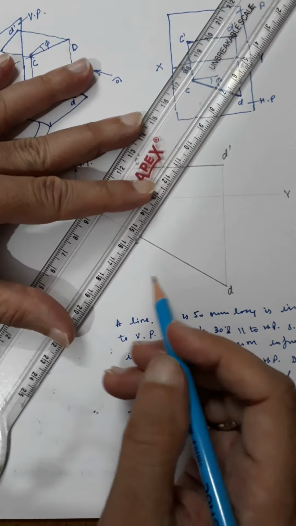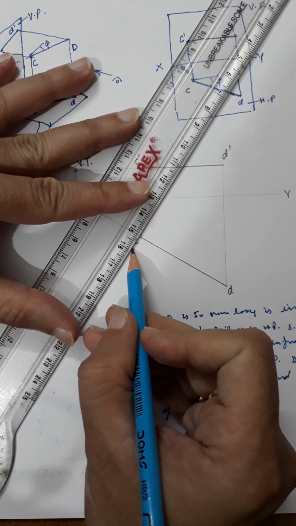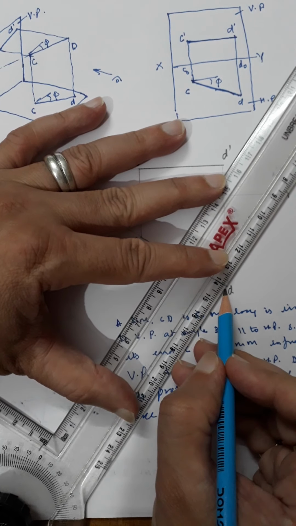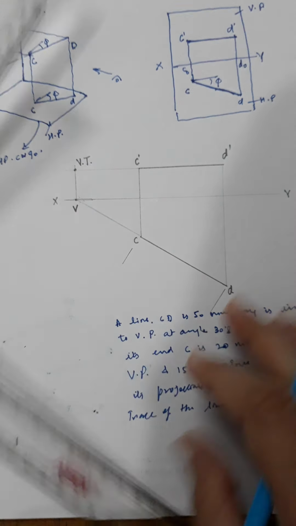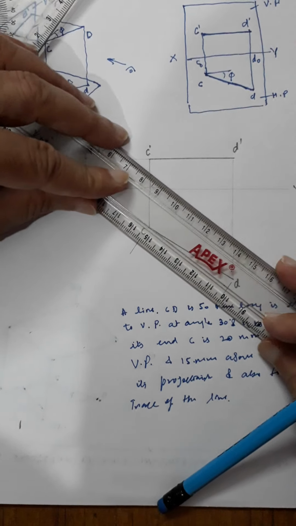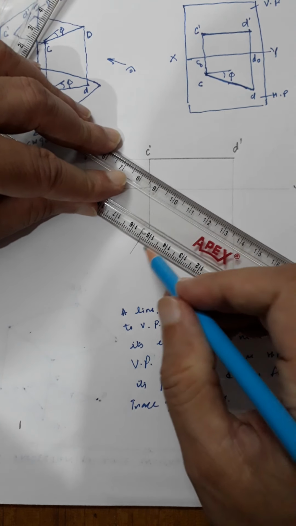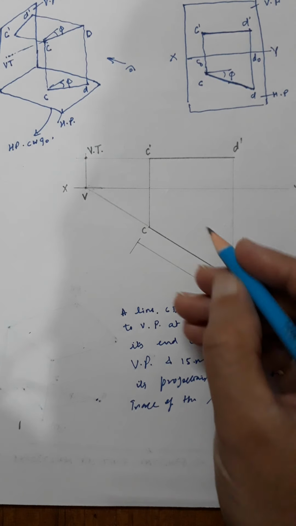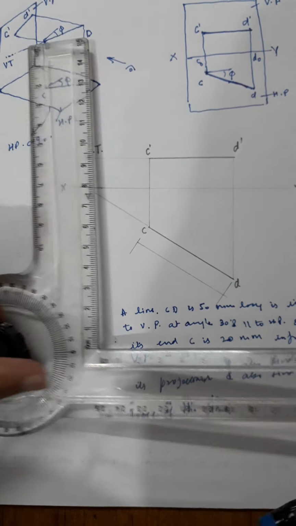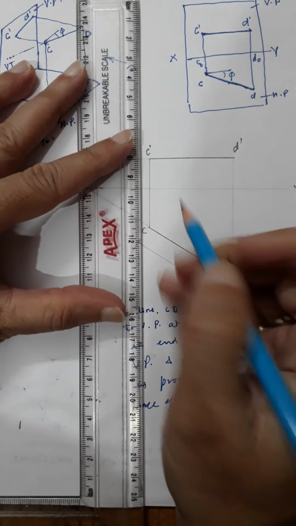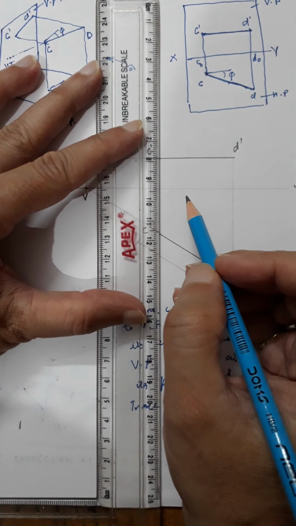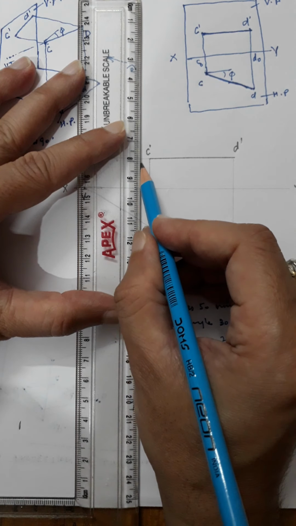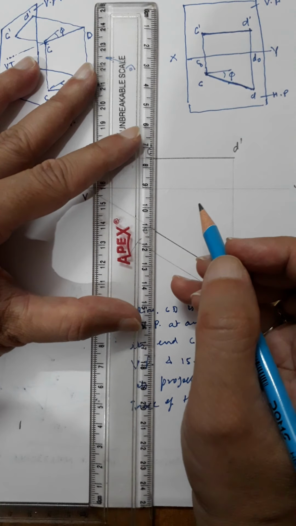Now you can also show the dimensions. This is 50 mm, this is 15 mm, and this is 20 mm.